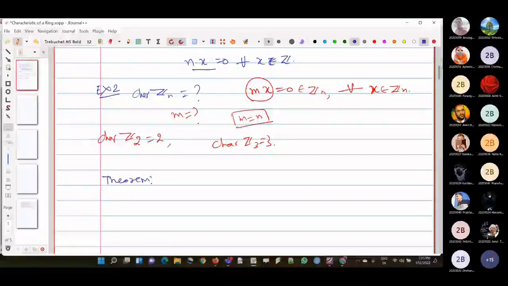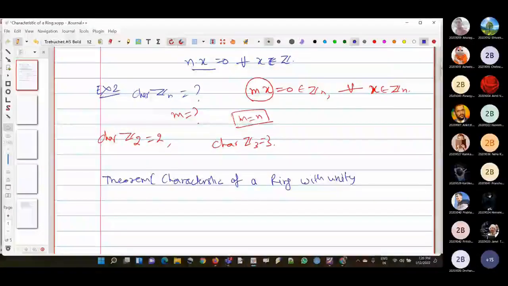That theorem talks about the characteristic of a ring with unity. You know that a ring may or may not have unity.